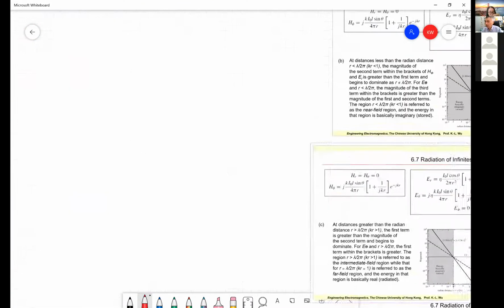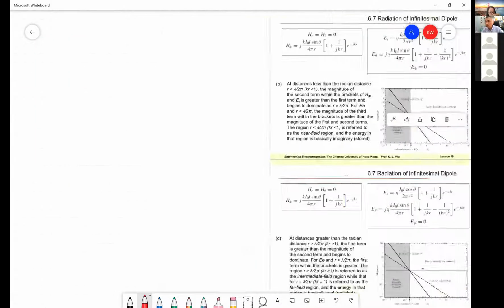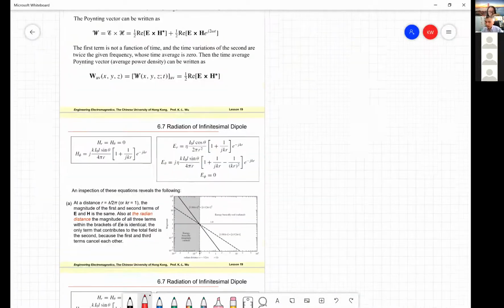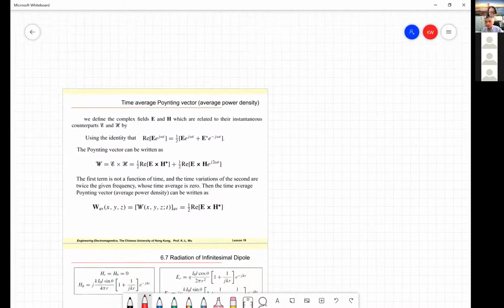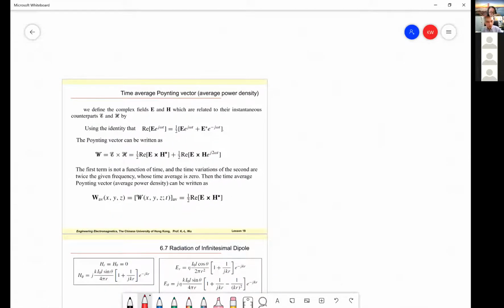Now let's come back to the subject today. Before we continue that discussion, we just quickly review the Poynting vector theory.